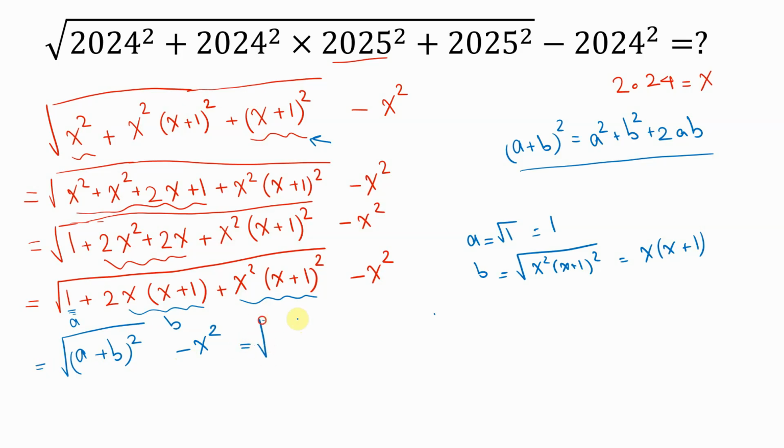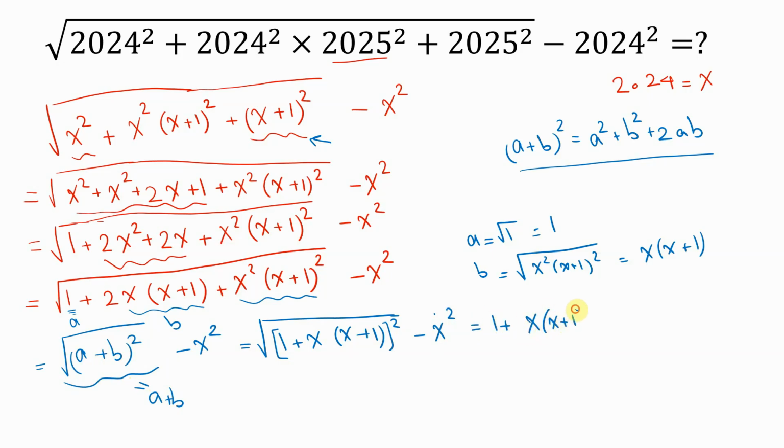So what are a and b? a is equal to 1, and b is x times x plus 1, all of it to the power of 2, minus x squared. Or I can say that the square root of a plus b squared equals a plus b. So here we have a plus b, which is 1 plus x times x plus 1, minus x squared.